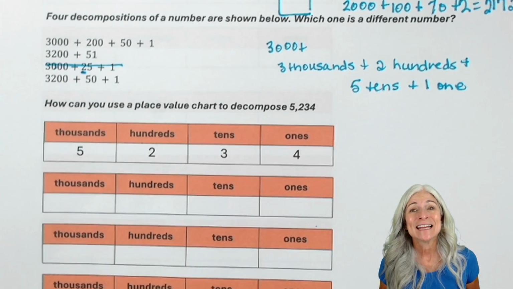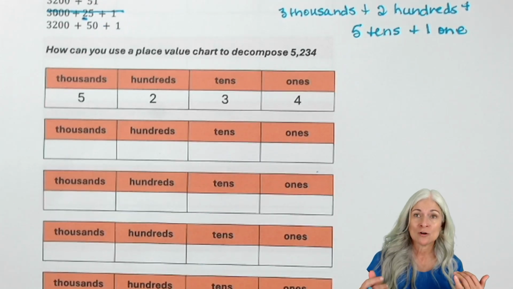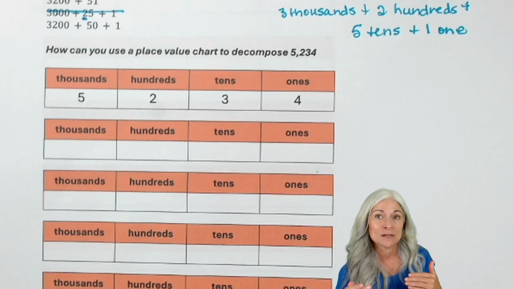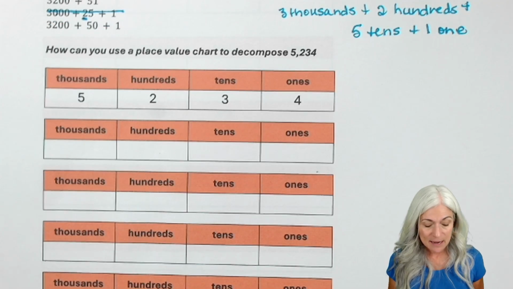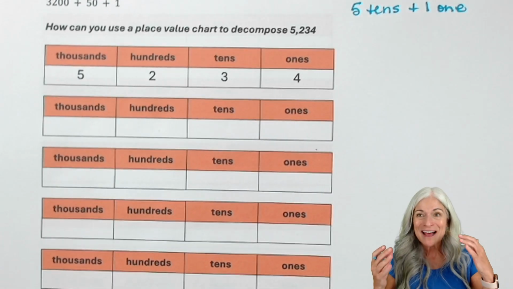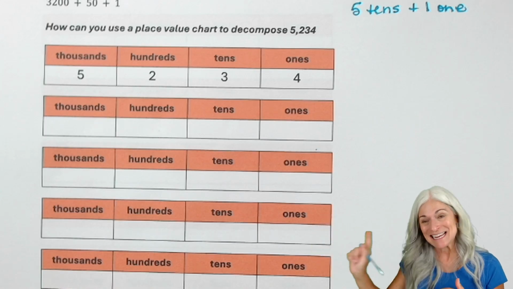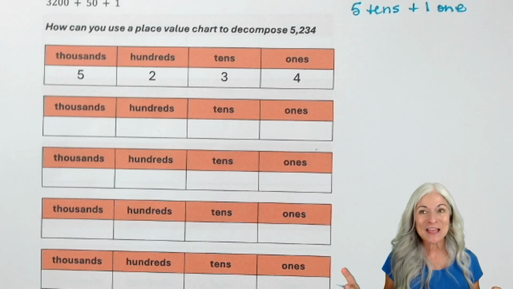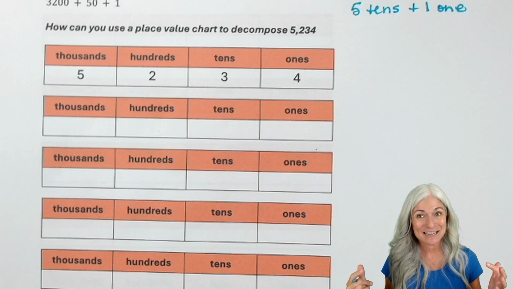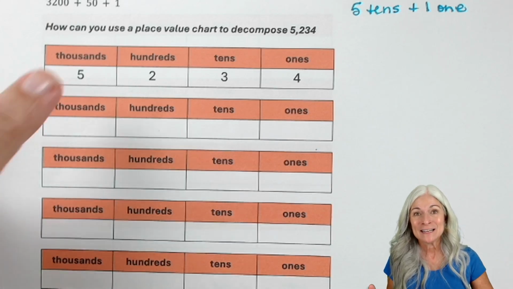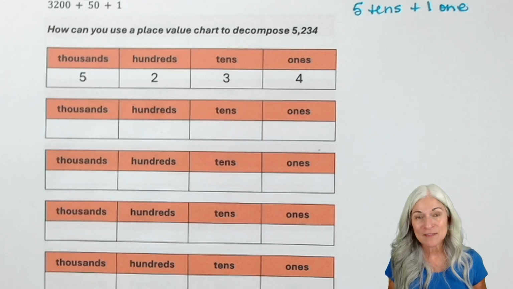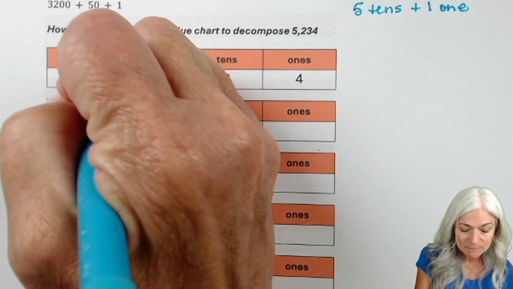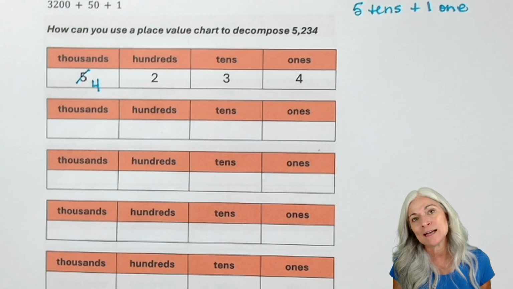Okay, finally, how can we use place value charts to decompose 5,234? Now, again, we can think ahead. They're going to be learning all about that borrowing concept. That's kind of what we're thinking about here. If I have, for example, 5,000s, I could say, well, let's take that away and make it 4,000.